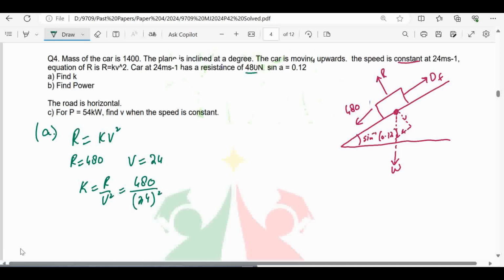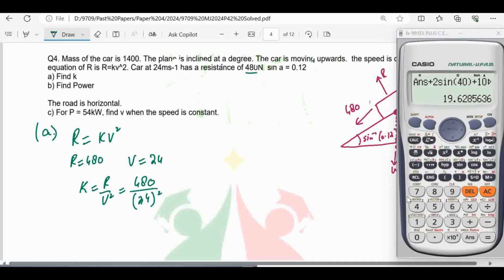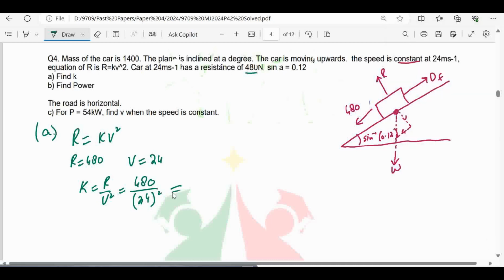So we can use the calculator. So this will be 480 divided by 24 square. So this will be equal to 5 by 6. So we can say that K will be equal to 5 by 6. So this will be the final answer.